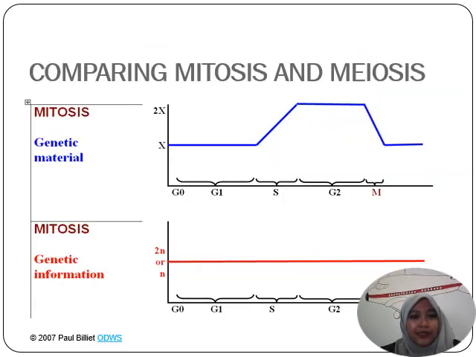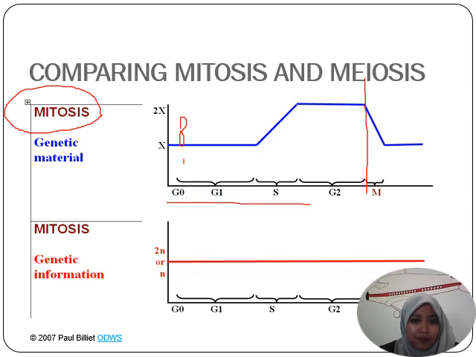Next, comparing mitosis and meiosis in terms of genetic material. We're going to look at mitosis first. Remember, mitosis only produces identical cells. What is genetic material? It means the chromosome. You have one chromatid, and once they undergo the interphase process, G1, S and also G2, when they finish the synthesis process, they become double the chromosome, but this does not change the number of chromosomes.